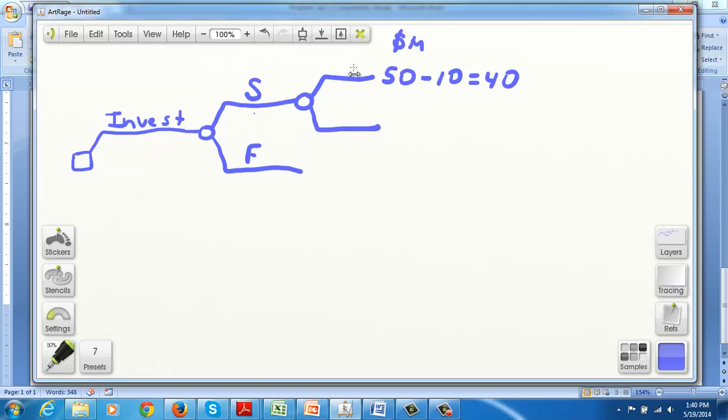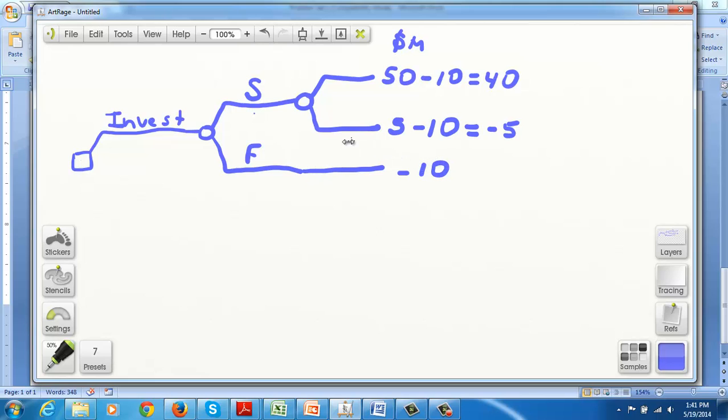And then likewise down here, we gain a $5 million payout, but we lose 10 for the investment, and the result is a minus $5 million outcome to us. If we fail, let's extend this line a little bit, we're going to still lose our $10 million.